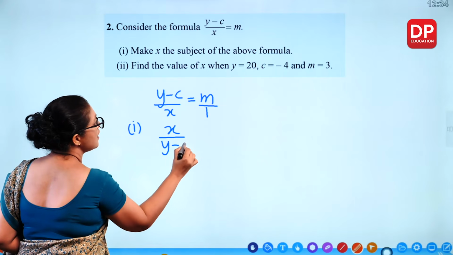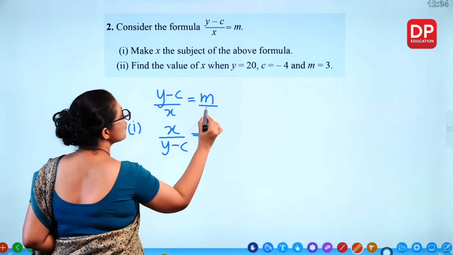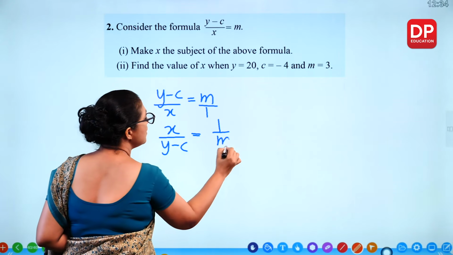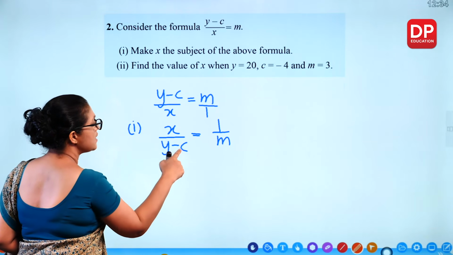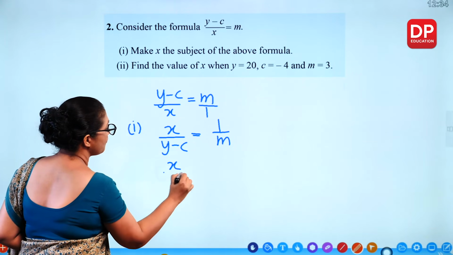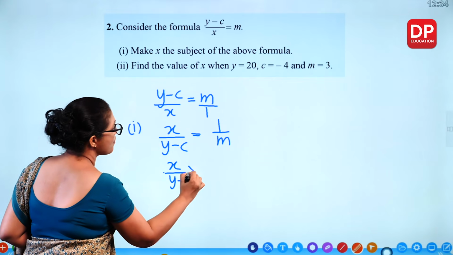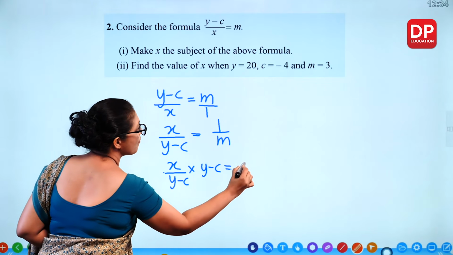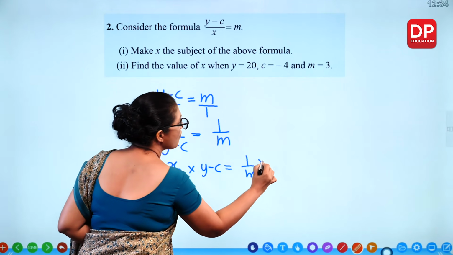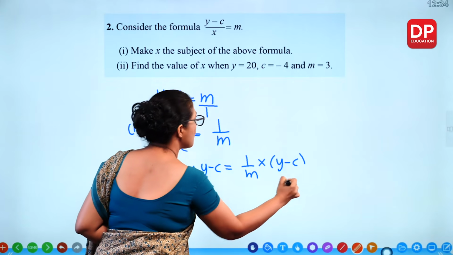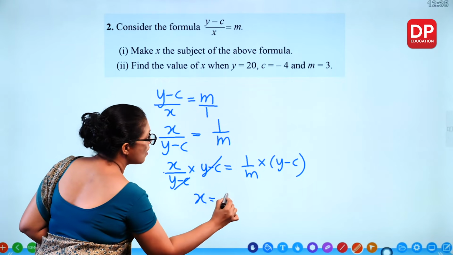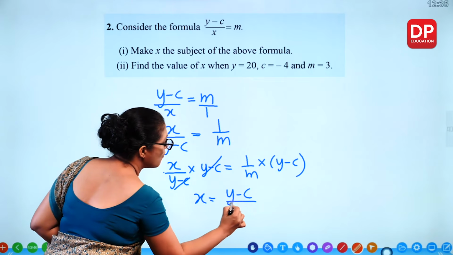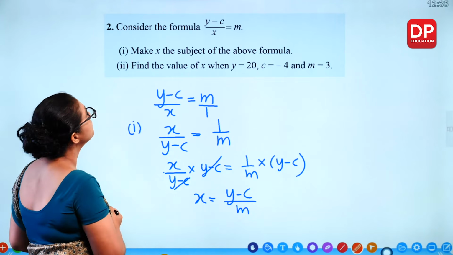So this becomes 1 over m. Now multiply both sides by y minus c. So what happens? This gets cancelled out. X becomes (y minus c) over m.